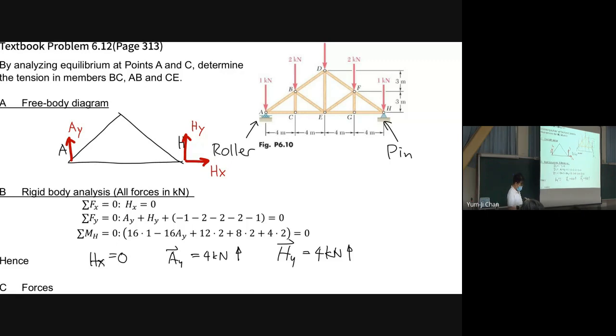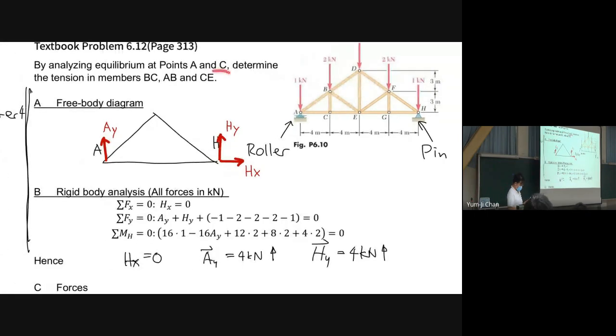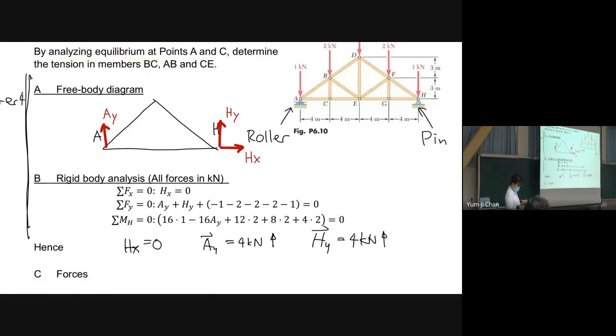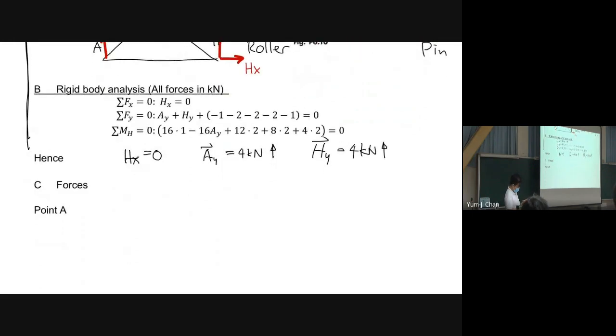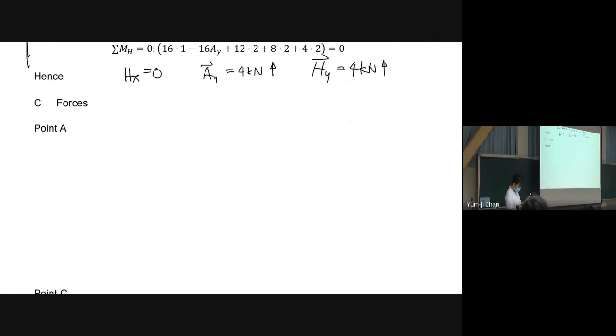I've now written down that by analyzing equilibrium at points A and C, we determine BC, AB, and CE. Now we do it like this. At point A, how many members connect at point A? Which members? Member AB and AC.